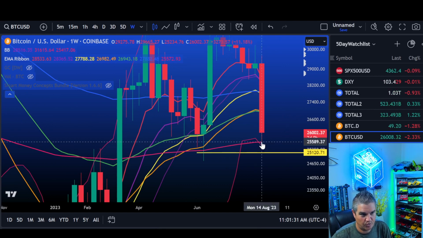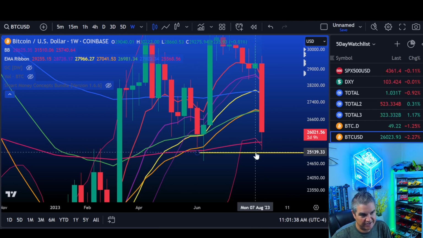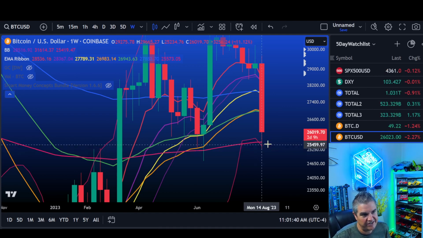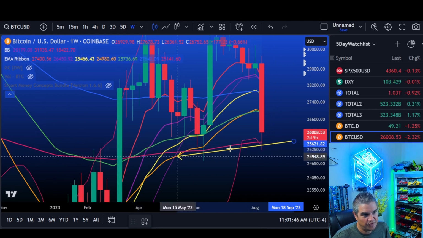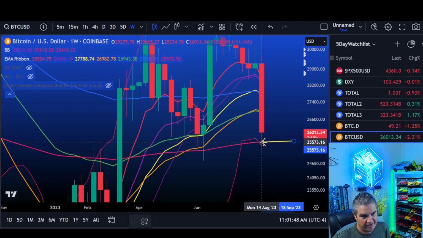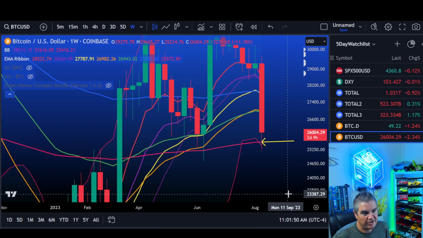Now we're looking at the big stuff, the 200 week. You don't want to be messing around with this in a bull trend and an uptrend. There's that line on the daily chart, not as significant on the weekly. The most significant thing you should be watching right now going into the weekly close is this pink 200 week EMA at 25.5. We must close above that.